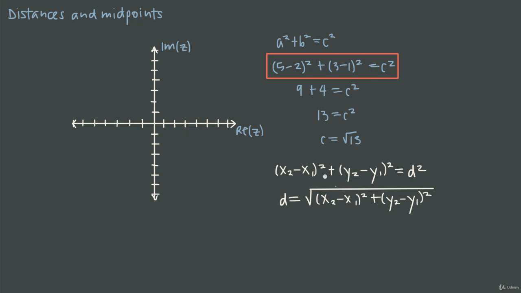The cool thing is that this distance formula also works for complex numbers. So let's say this time that we have complex numbers, and now we're in the complex plane where we have the real axis and the imaginary axis. We'll call this point negative 4 plus 2i. And then maybe we have the complex number 3 minus 3i.